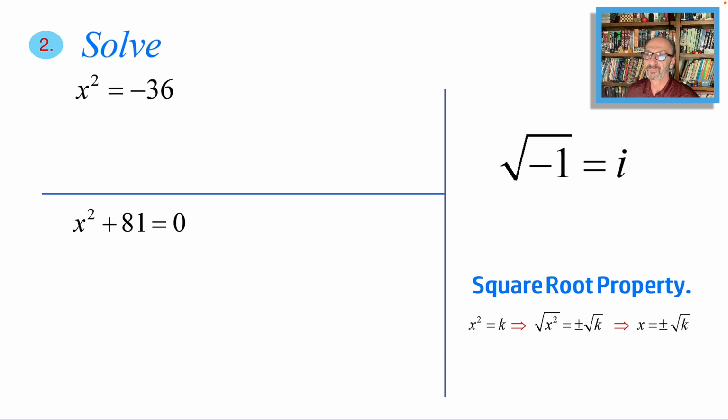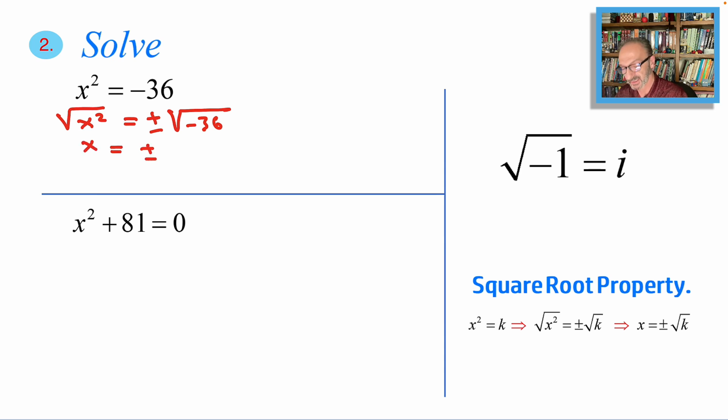x to the second equals -36. Applying the square root to both sides, which is the square root property, we have square root of x to the second equals square root of -36. And one more time, don't forget the plus minus. On the left I have x by itself. On the right side it's plus minus square root of -1 times square root of 36.